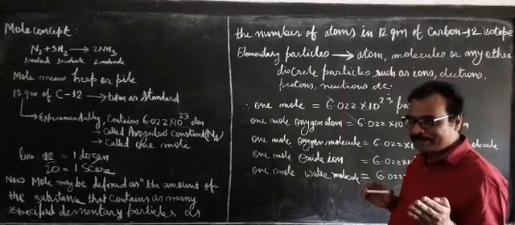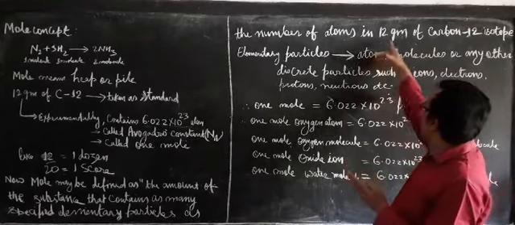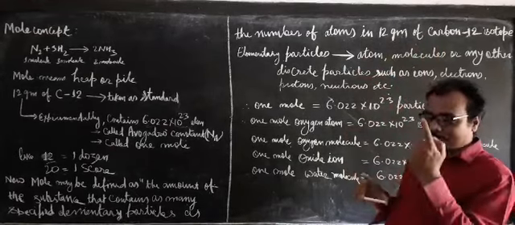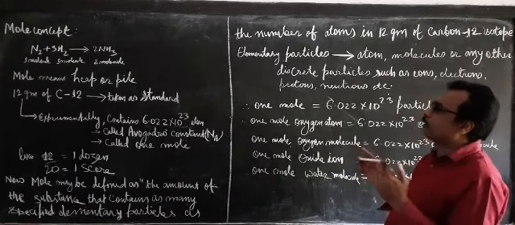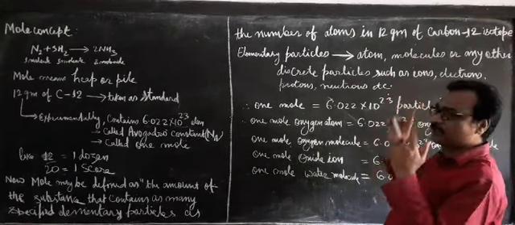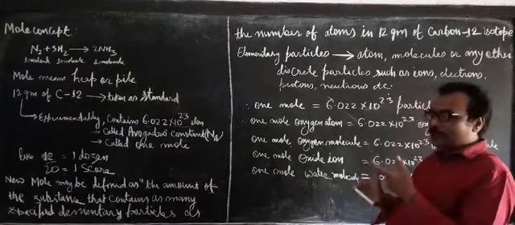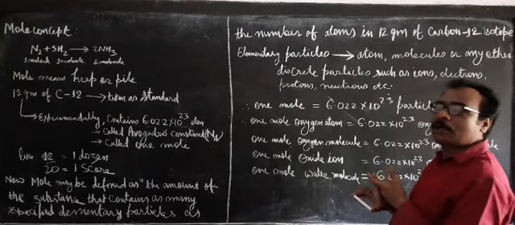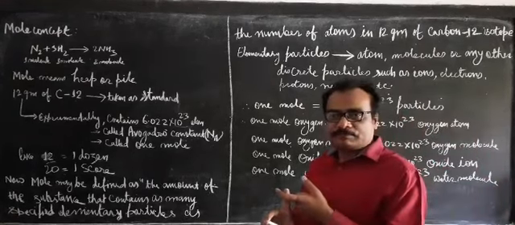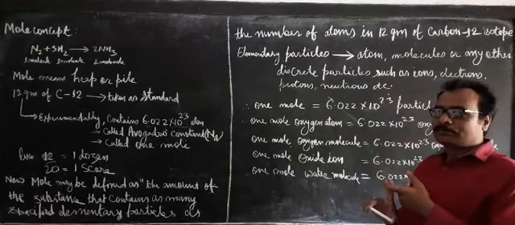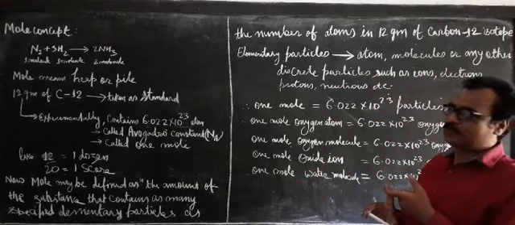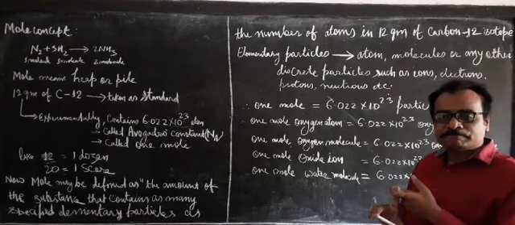So now mole has a relation with the mass also. We have discussed that 12 gram of carbon-12 has 6.023 into 10 power 23, that's why it is called 1 mole. Again, 16 gram of oxygen atom has the same number, 6.023 into 10 power 23.